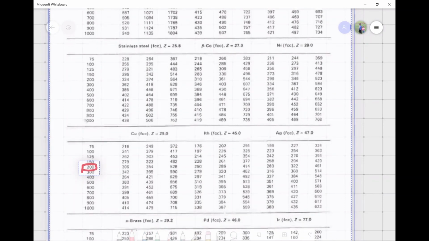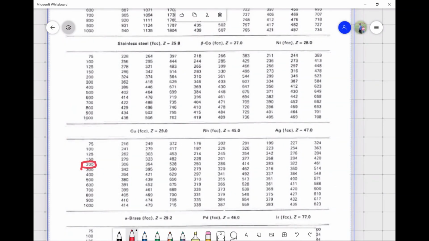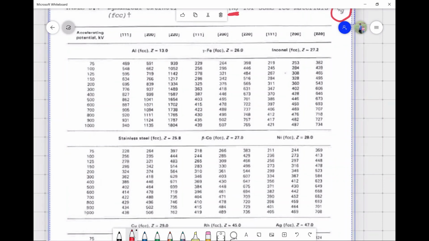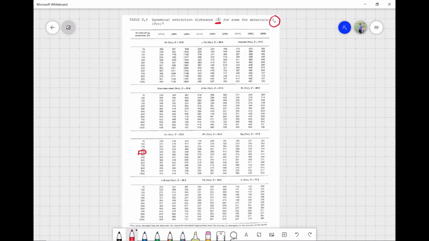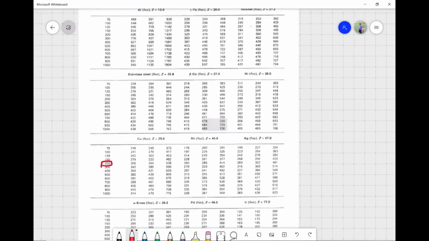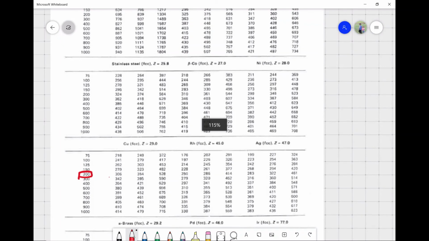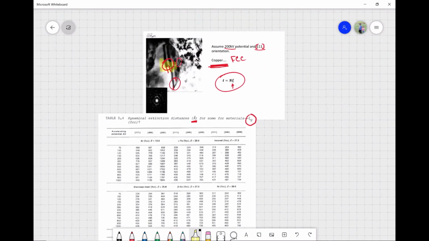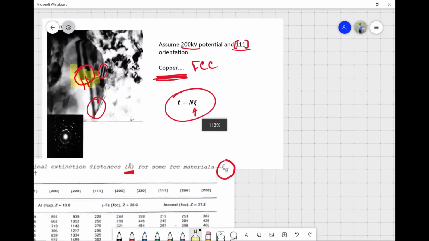I'm making a big deal out of reading off a table, and maybe I shouldn't. But anyway, 111 is the first column here, and so I get 306. Let me use the highlighter. I get 306.